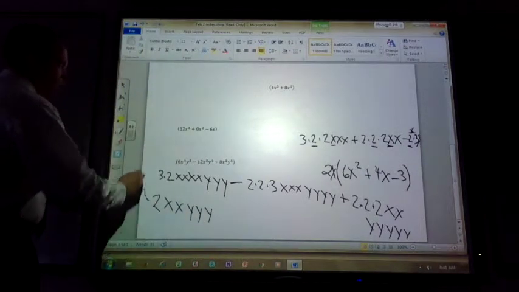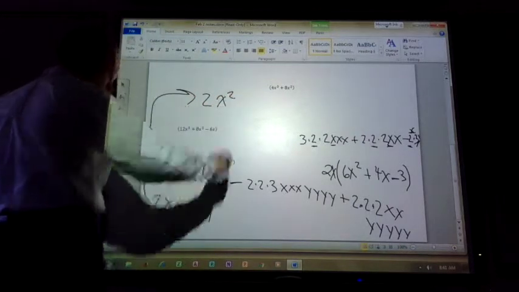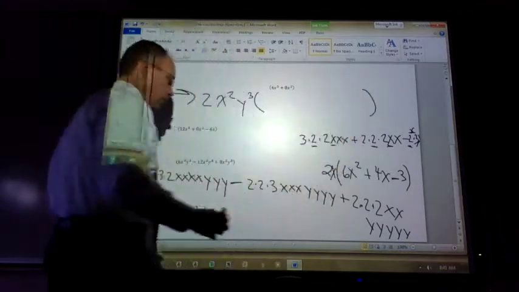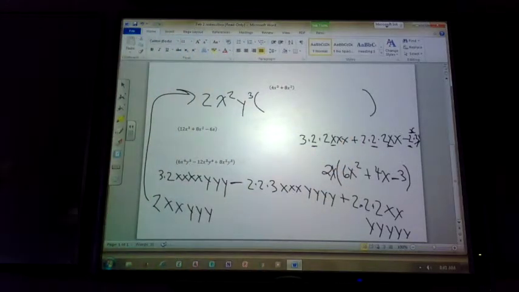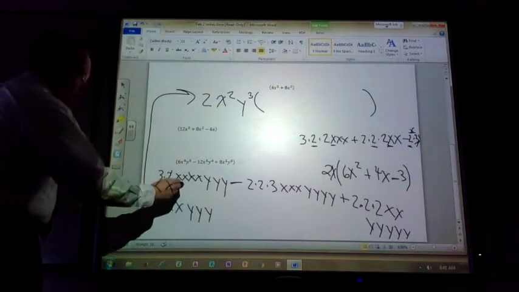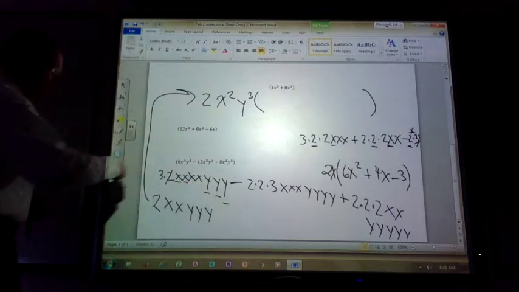Okay. So I'm going to bring this up here so I can write 2x squared y to the 3rd parentheses. Okay. Stephen, if I factored a 2 out and an x and an x and a y, what do I have left on this first one?